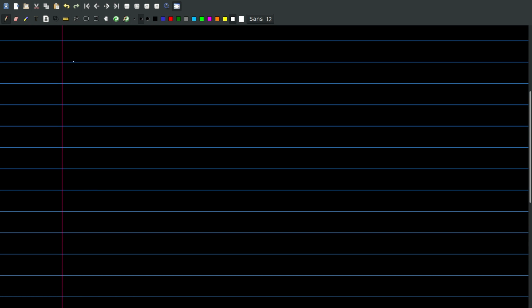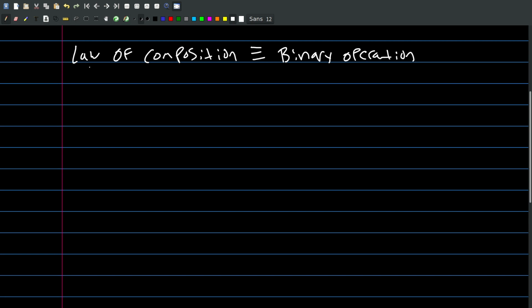Some books will use law of composition. And it's just a binary operation. It's the same as binary operation. But this has a connotation more if you're multiplying something. That's why it's a composite. But it's basically the same thing.